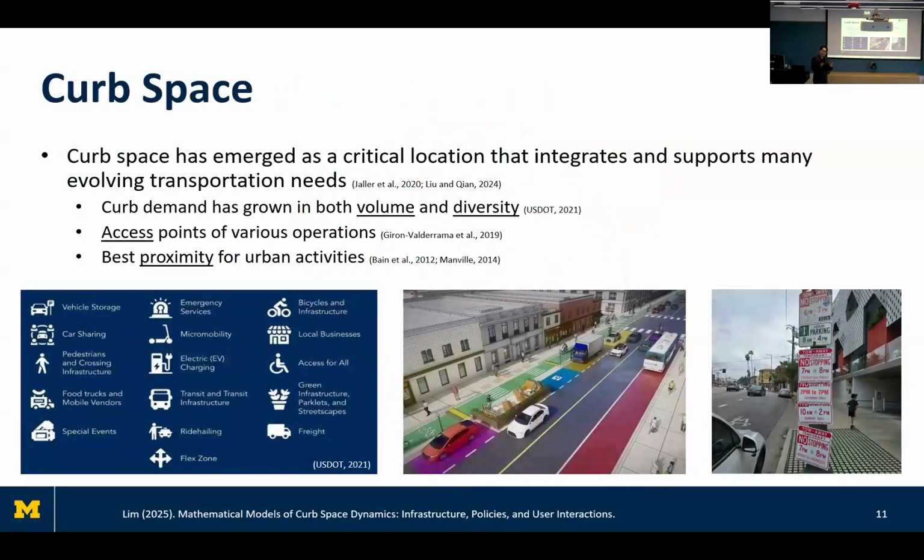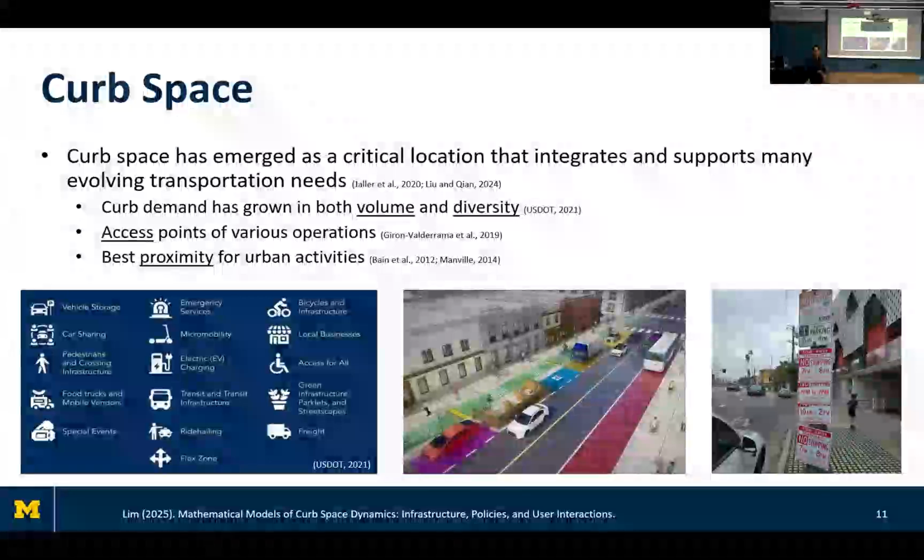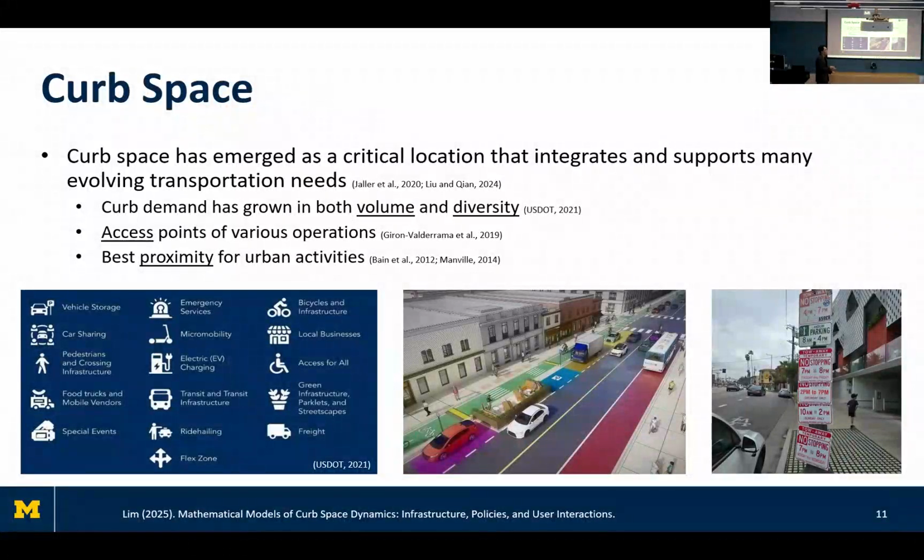Yes, so for the rest of the talk, I'm going to use the curb space as an illustrative example of how to apply this tripod approach in dissecting transportation dynamics. The curb has emerged as a critical location that integrates and supports different evolving transportation needs. The demand has been growing in both volume and diversity because of new modalities and services, and it serves as a hub or access point for various operations.